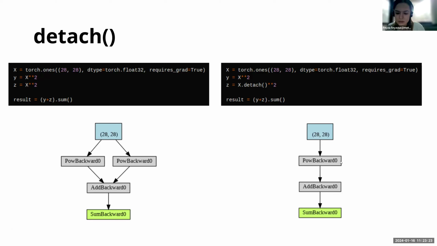So in our backward graph, similar to the left side, we have the summation backward and the addition backward, but now we only have the power backward for y. We are not taking these backward calculations from now on, and then we reach x.